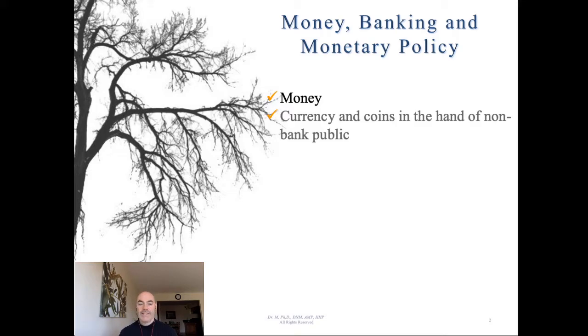So by definition, money is the currency and coins in the hands of the non-bank public. We also need to understand that checkable deposits in the hands of the non-bank public are what we are referencing by money.